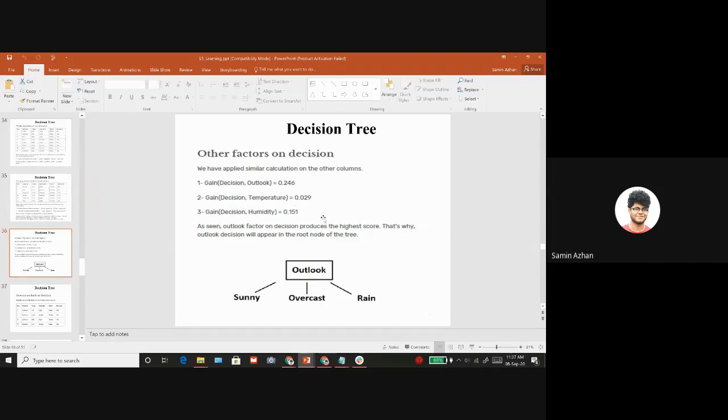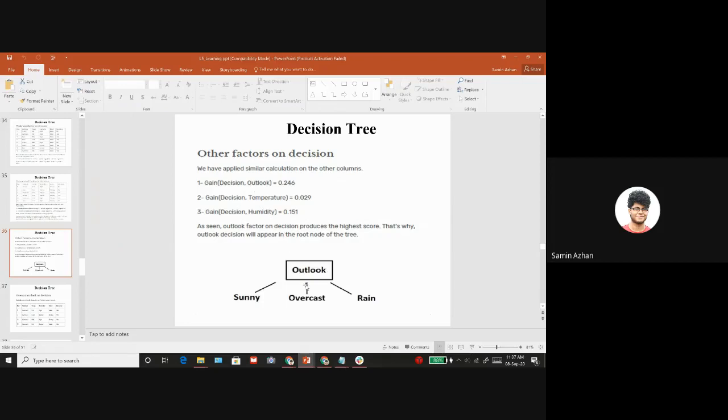The more information gain, the more efficient it would be if we choose it as a root node. So by comparing all the information gains, we see that 0.246 is the largest. So taking outlook as a root node would be the best choice for us.